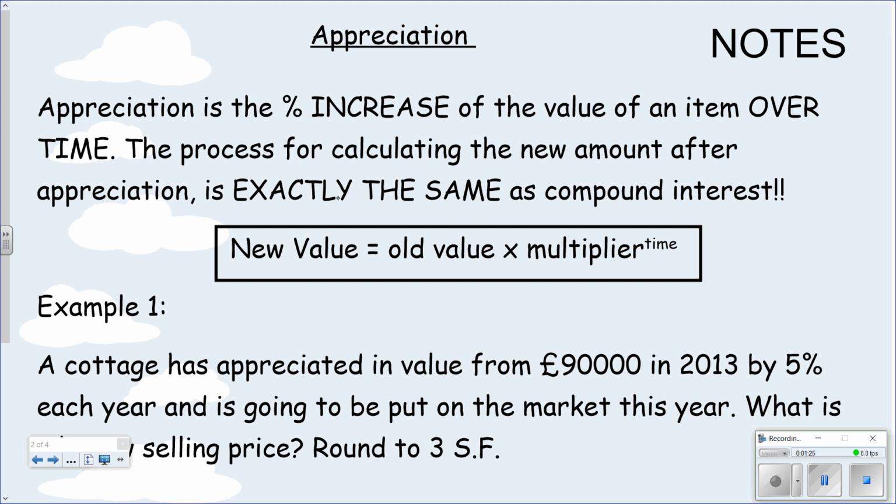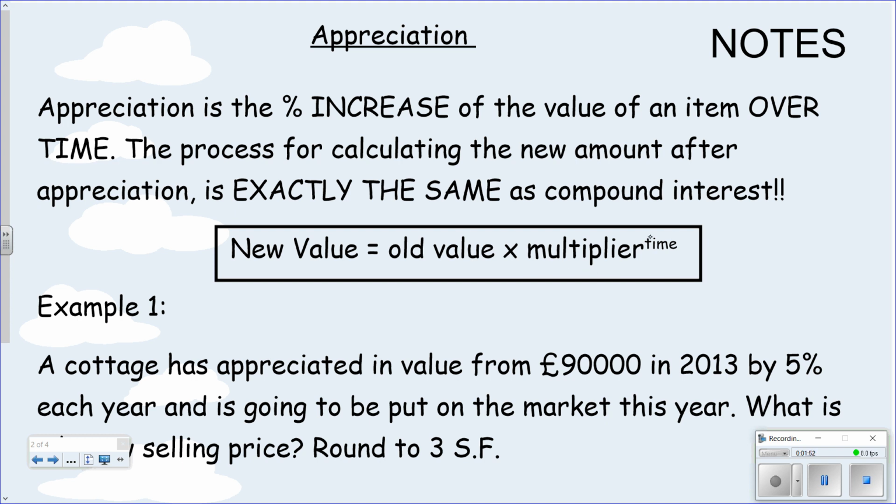The process for calculating the amount after appreciation is exactly the same as compound interest. So we're really lucky. Last day we had the formula to calculate compound interest, and we saw that it was just taking the original value or the amount and multiplying it by this multiplier, which was the decimal to do with the percentage.